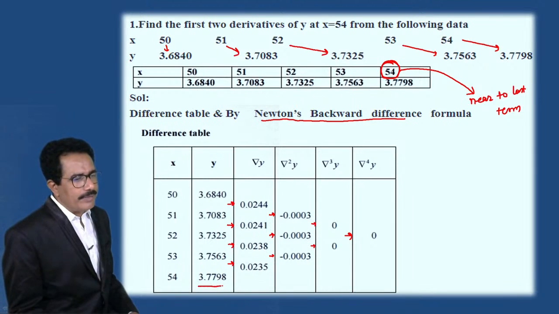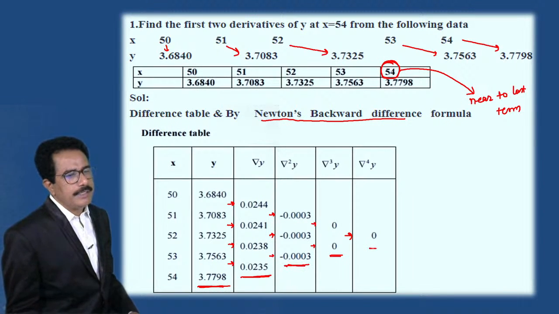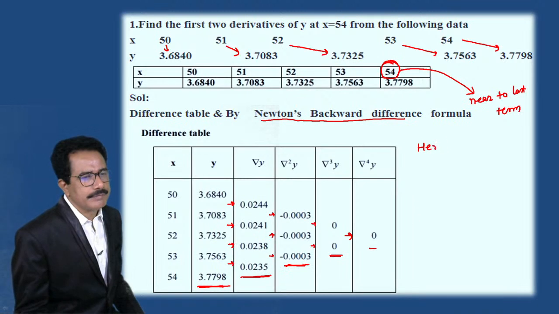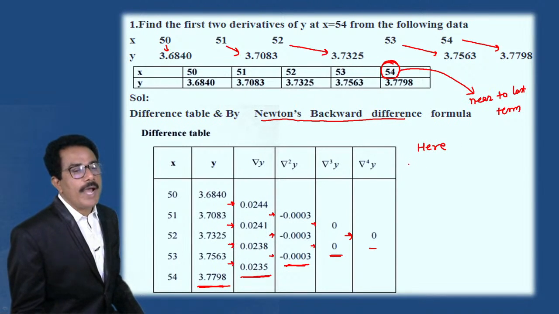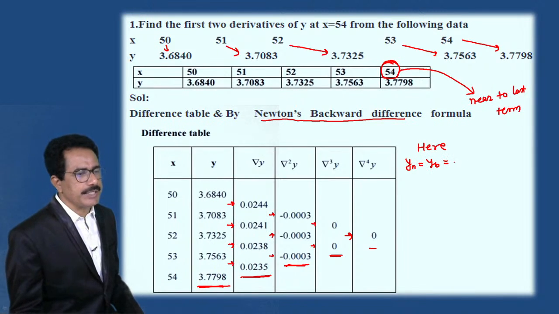Now from the backward difference table we can write these terms. Here yn is equal to 3.7798.